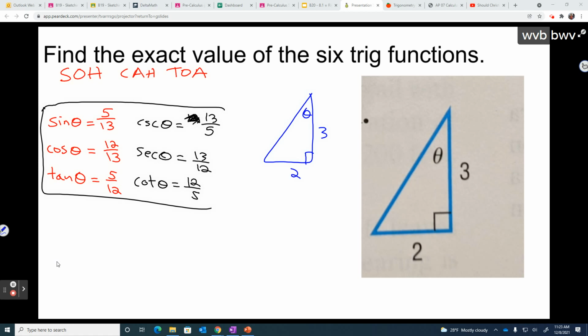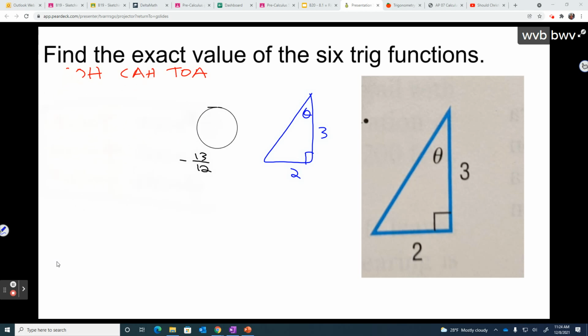So we know we're going to need to find the third side, so let's just go ahead and do that first before we do any of the trig ratios. We'll just go ahead and get that third side. This is still your a and your b. You got 2 squared plus 3 squared.